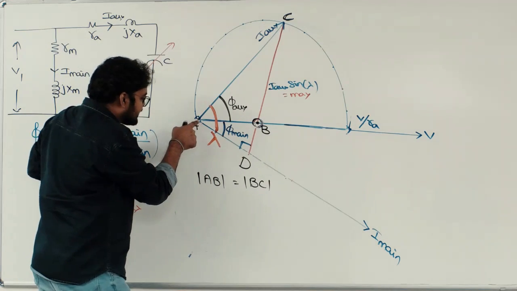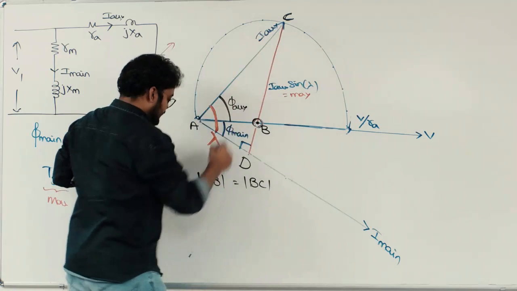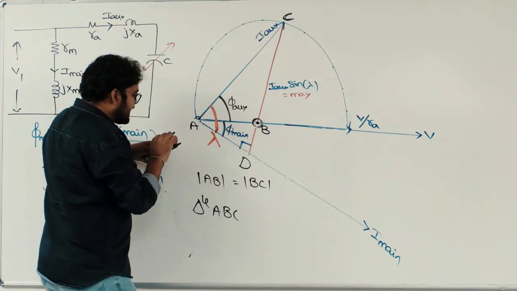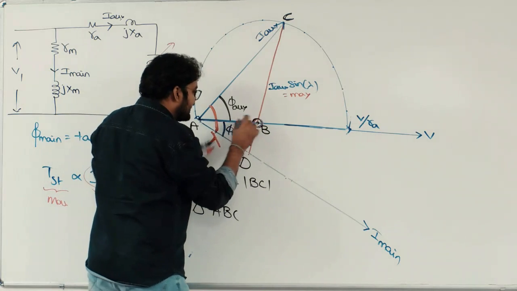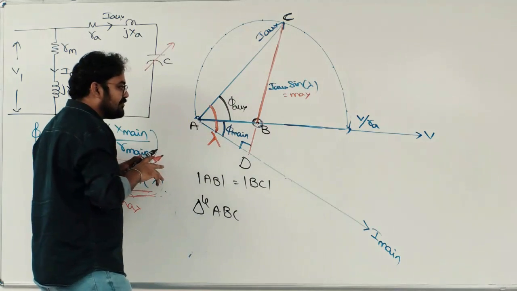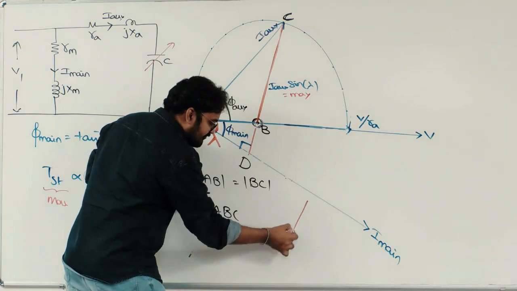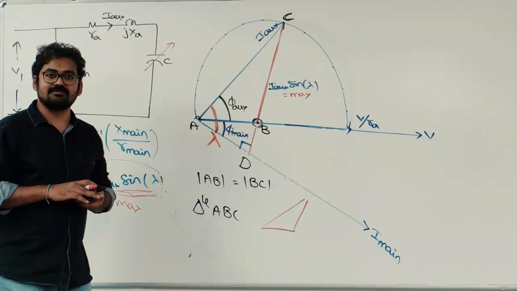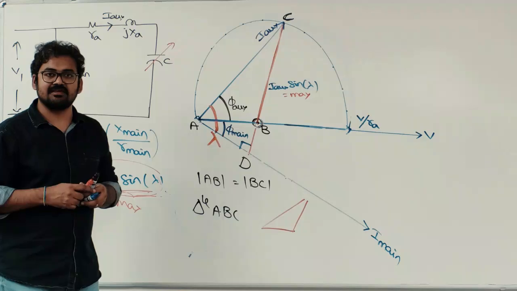Now you look at this triangle ABC. In this triangle ABC, AB length and BC length are both equal. Therefore, you tell me, in a triangle, if two side lengths are equal, their opposite angles are also equal. That is a basic principle of a triangle.